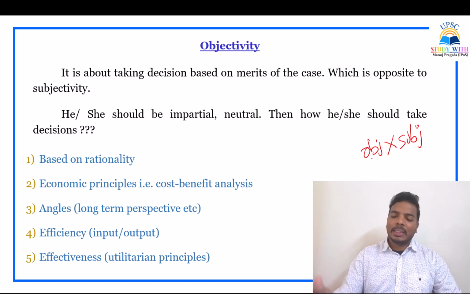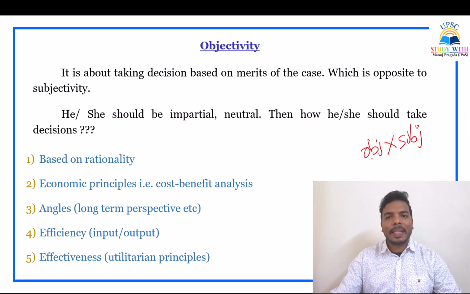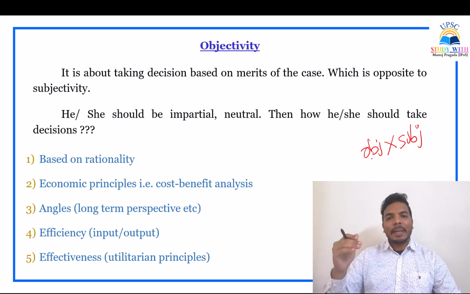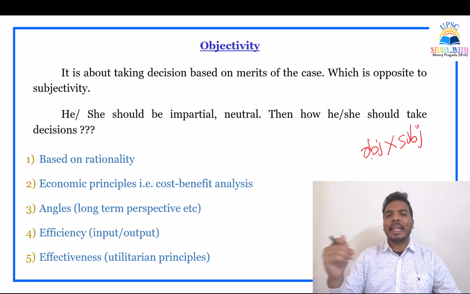So, in a society where there are so many such parameters, how to take a decision? Because the administrator is also coming from the same society.